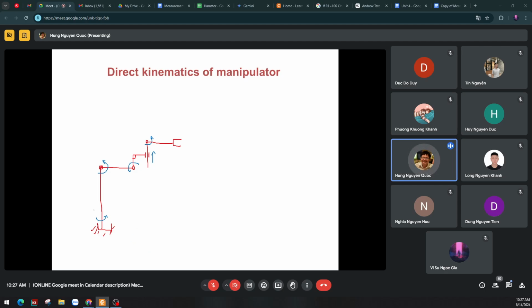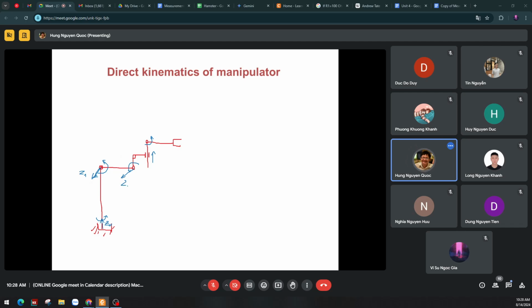Then the Z axes. We always put Z0 here. The rotation axis is this one because this is the rotation joint. Remember, when I plot like this, that means pointing out. If you want pointing in, you can use pointing in. So this is Z1. And Z2, of course, is the same here, parallel.